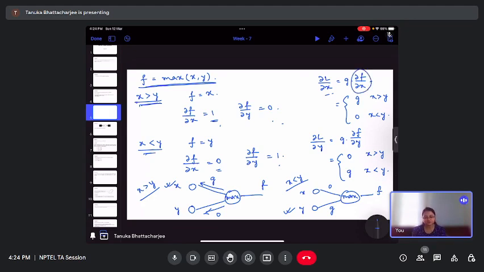That value will be either 1 or 0 depending on this particular condition. When you have this condition, you put del f by del x as 1; when you have the other, you put 0. So two conditions come up there also. Okay, understood. Thank you.